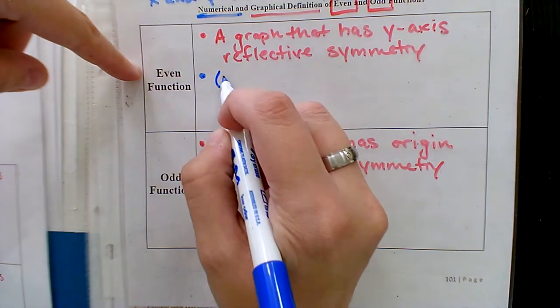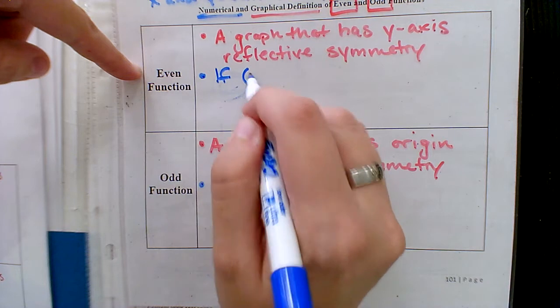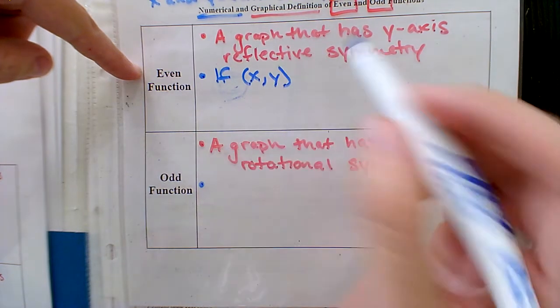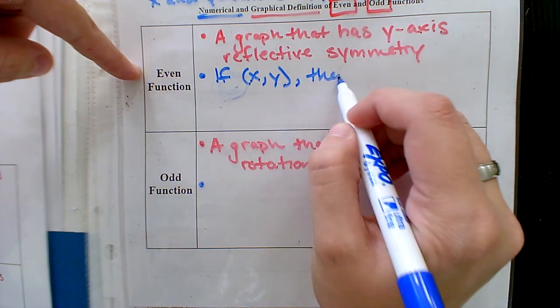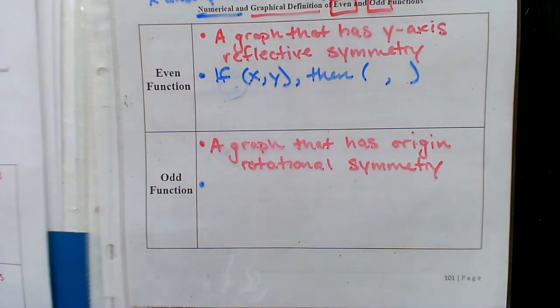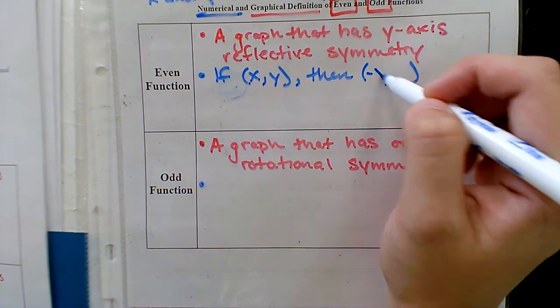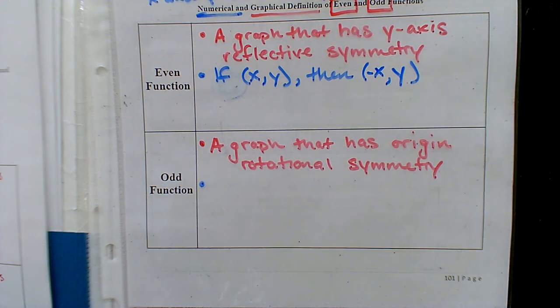Okay, so maybe we'll use shorthand here. If we have the point x comma y, then what other point do we know should be on the graph? Based off of the classification, yeah. Next, negative x comma y, good.